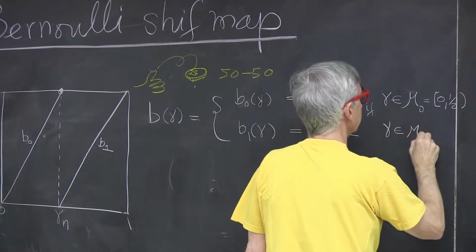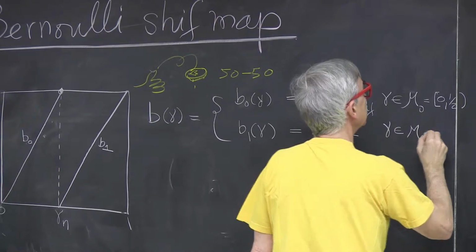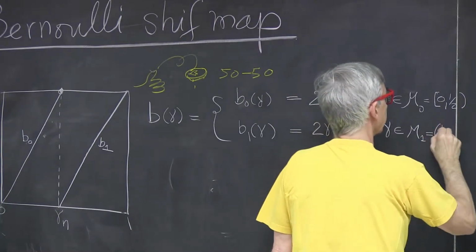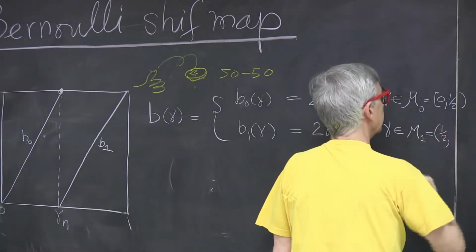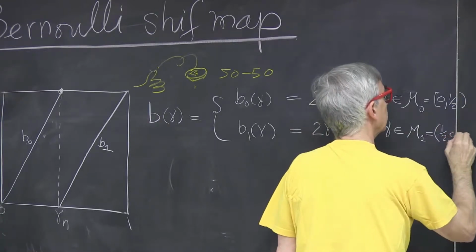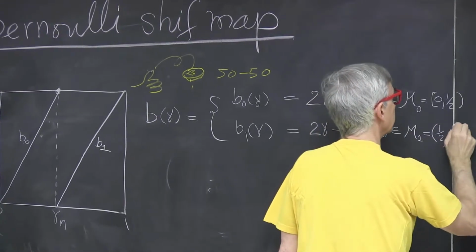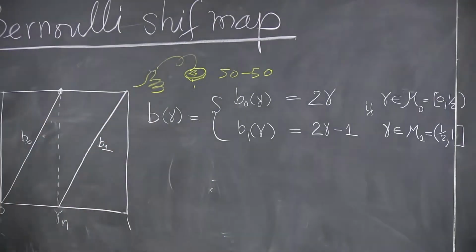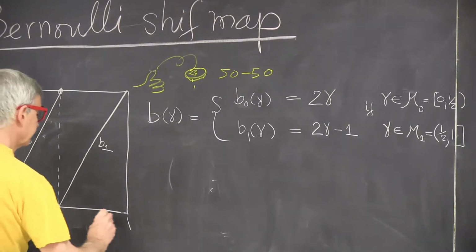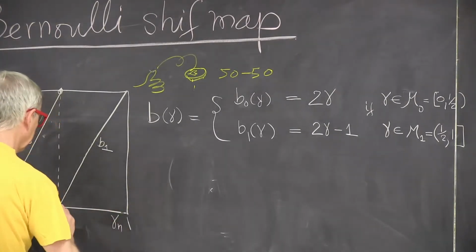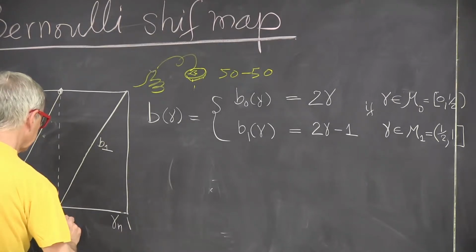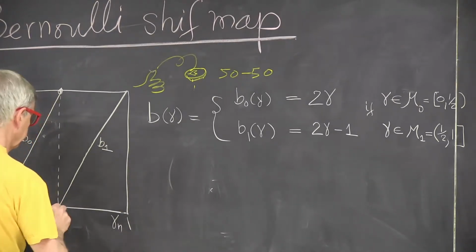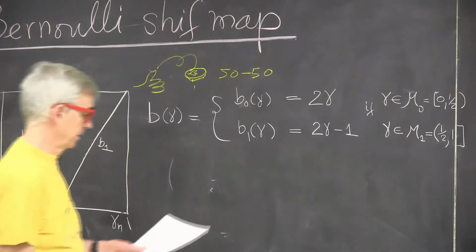Or it's in an interval called 1, which starts a little bit to the right of the so-called critical point and goes all the way to 1. We'll call that point the critical point.